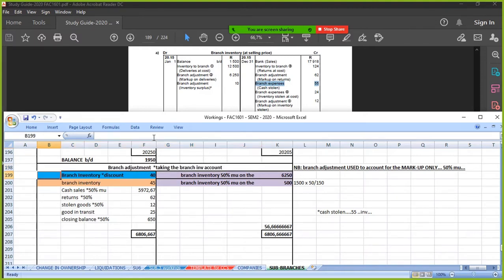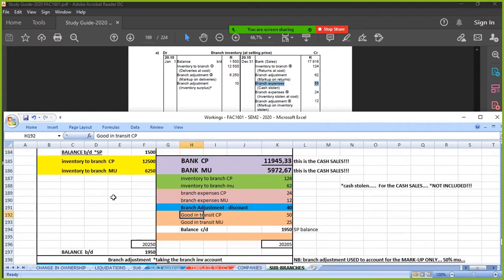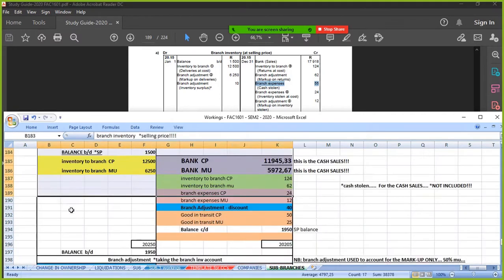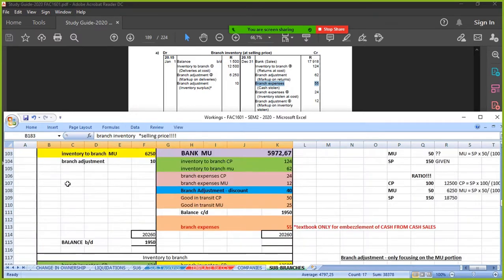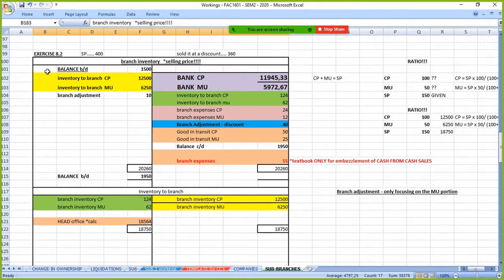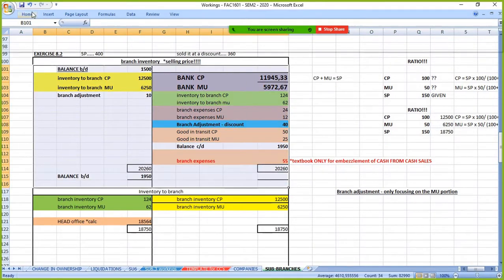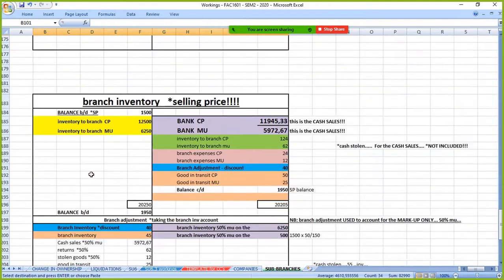Okay, and then we had updated it. So this I'm going to update. I'm going to take what I had here, copy paste this. Let's just copy the amounts. The amounts need to go here into this account.